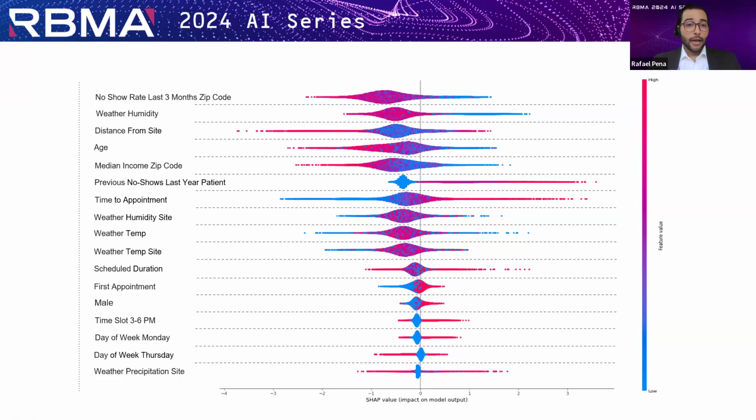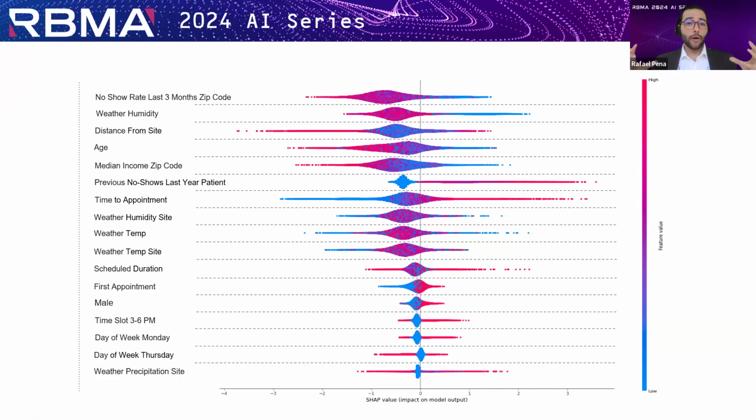The appointment time, the day of the week, the age of the patient, previous behavior are some of the most important determinants of no-shows. And if you identify each one of those determinants by themselves, you're probably not going to be able to do much with it.